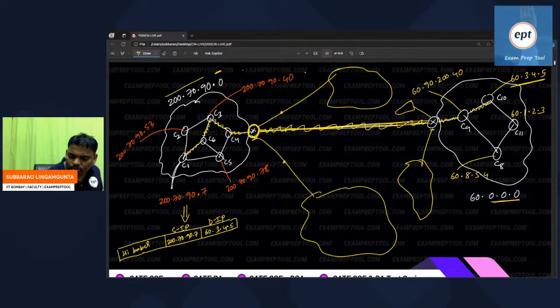Host is only changing, and host is 1 byte only. If you see the right side network, network is 1 byte and host is 3 bytes. So 3 bytes can change.